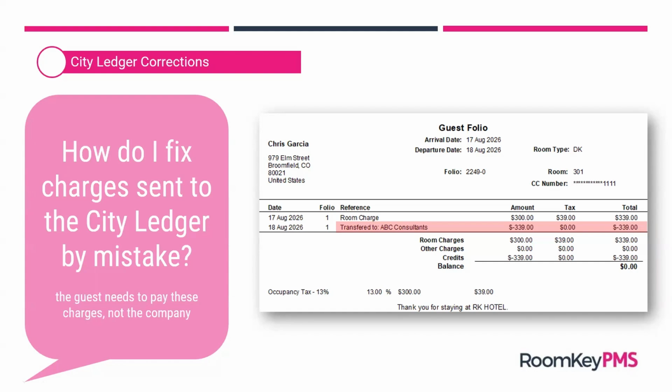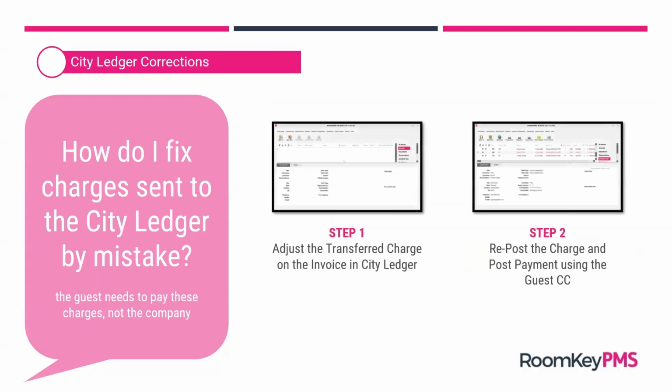And that just kind of resets or undoes this transfer completely. It's a little bit cleaner if you can catch it on the day of departure, but because this is more than one day after departure, we actually have to do two separate steps. So the first step is going to be adjusting the transferred charge on the invoice in the City Ledger.